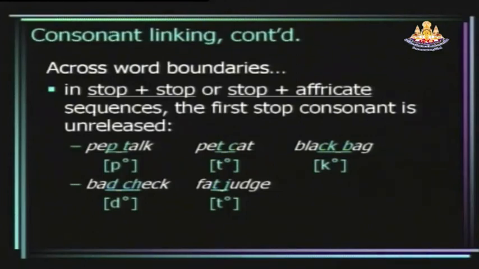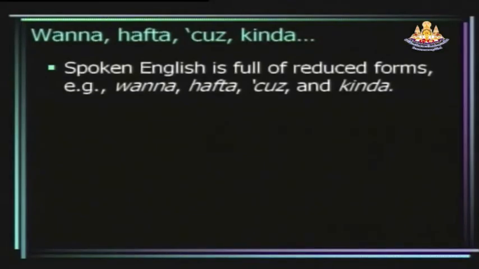Okay, let's move on to reduced forms or reductions because this is a very important area of English. I'm sure you've heard people say things like wanna, have to, cuz, kinda. Spoken English is full of these reduced forms.